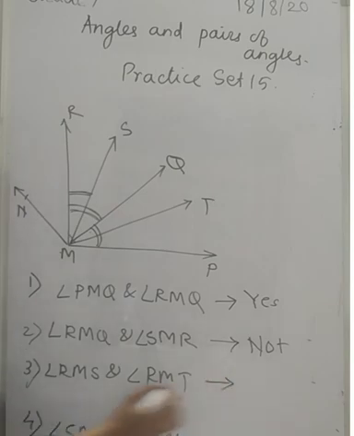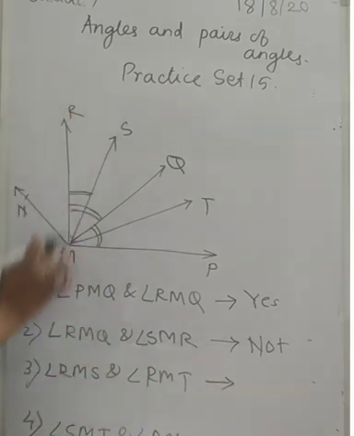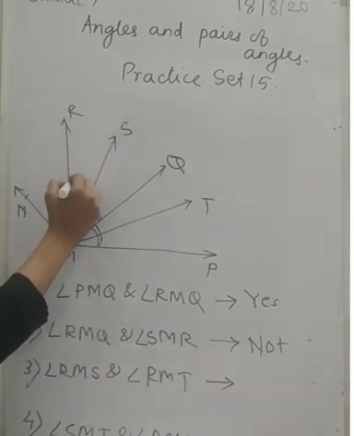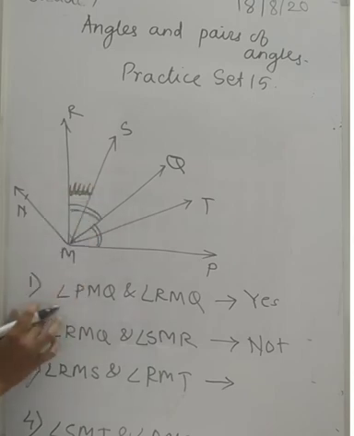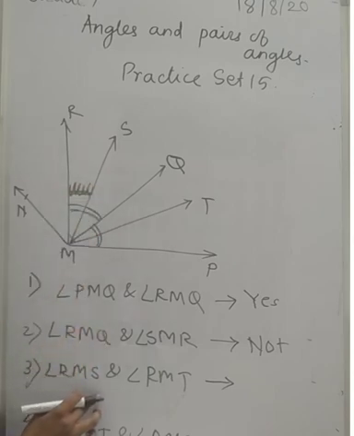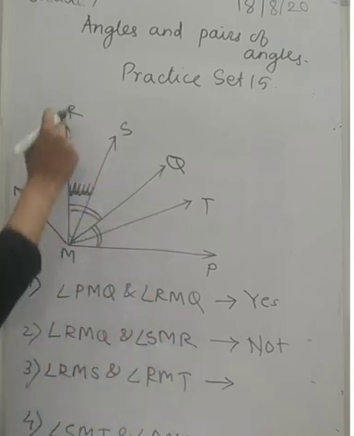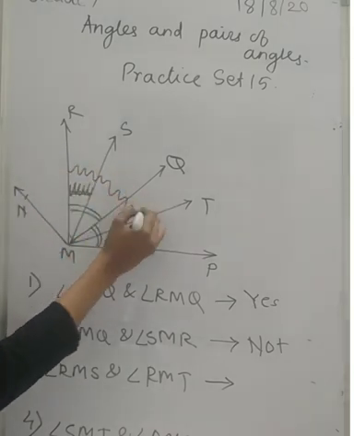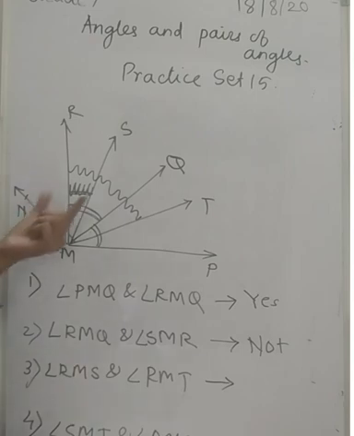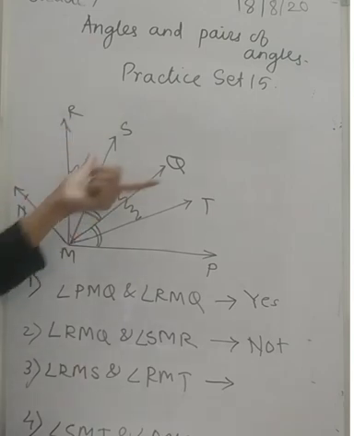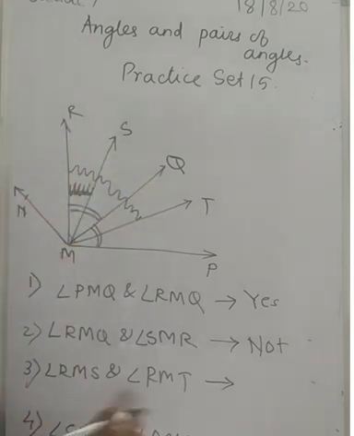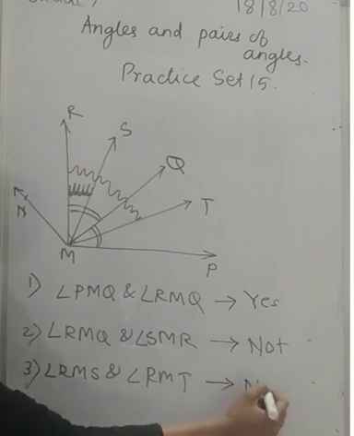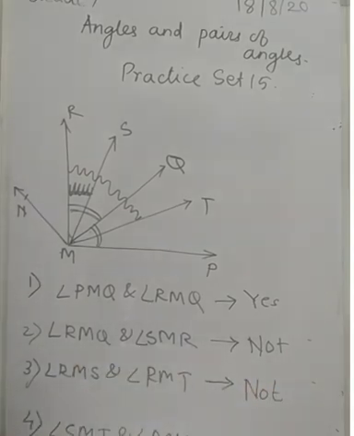The third pair is RMS, this, and RMT, this, till here. Again this small angle is a part of this larger angle, so they do not have separate interiors, so this is not an adjacent pair.